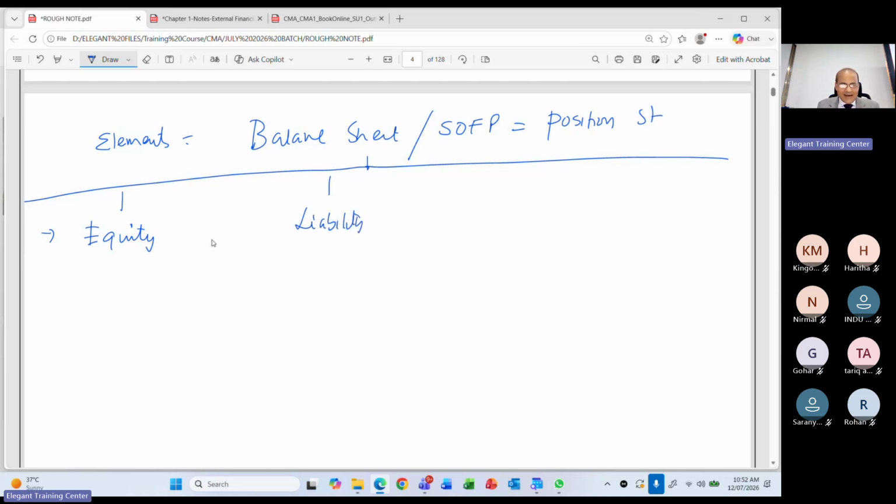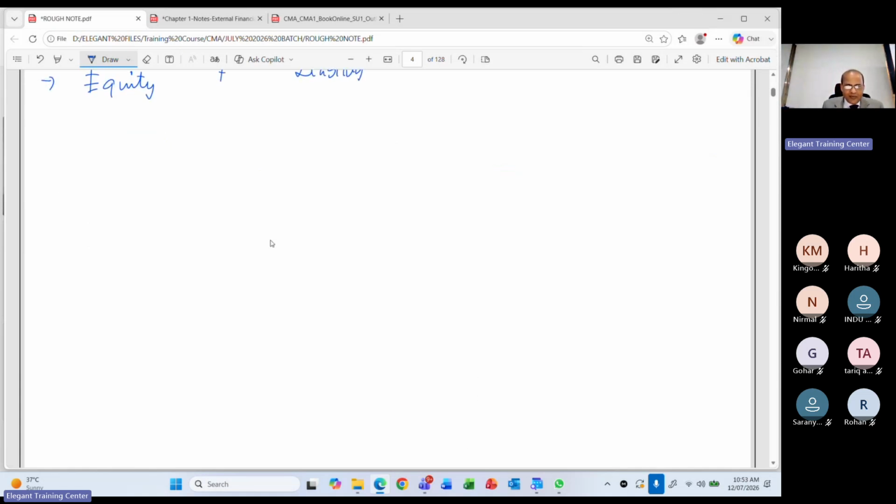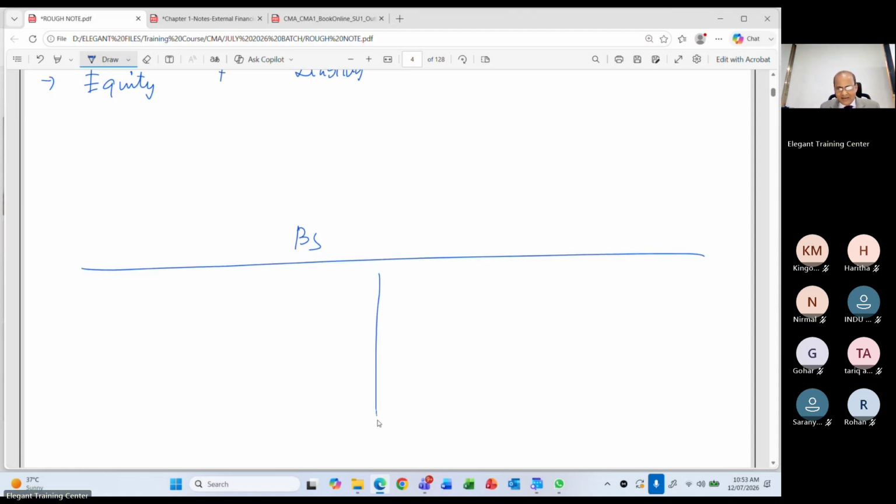Clear? And equity plus liability is equal to assets. Right? So basically, let me show you here. Let's say this is the balance sheet. This side, all assets, and the other side, equity plus liability.